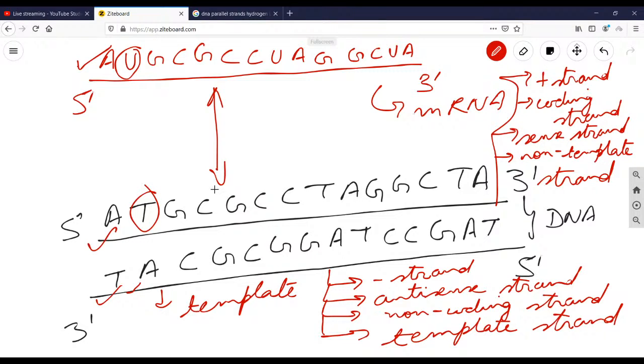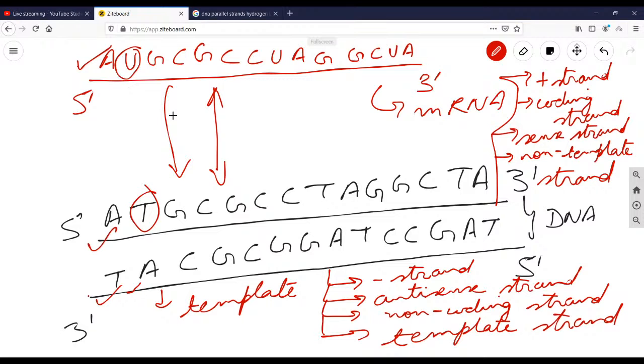That is why it is also known as the coding strand, because the coded mRNA's sequence matches this sequence except for T and U, otherwise it matches the non-template DNA strand completely. But this strand is only a template, its sequence doesn't match with this one.